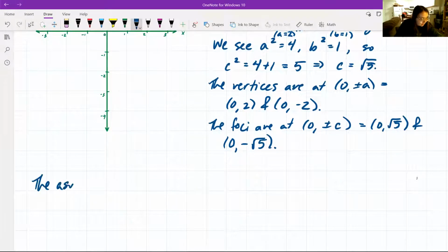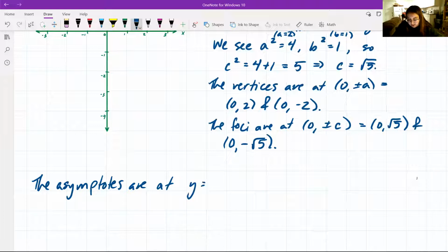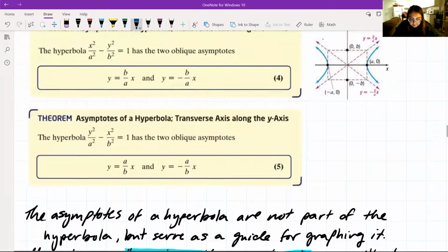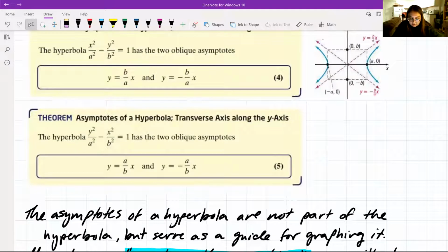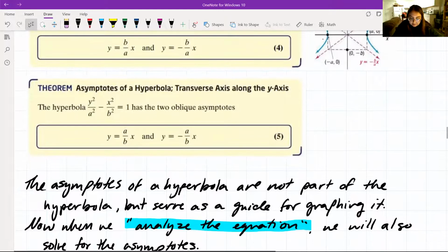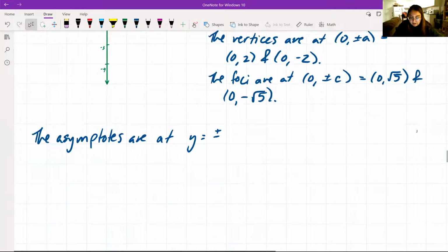So the asymptotes are at y is equal to plus or minus, and in this case, since we have our transverse axis along the y-axis, we're going to have positive or negative a over b times x.